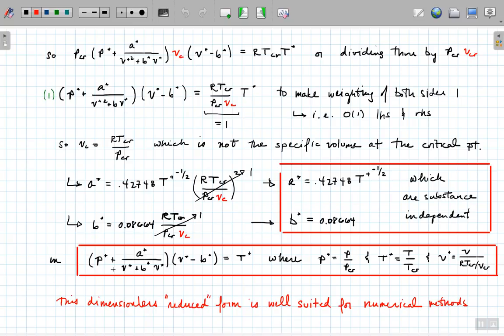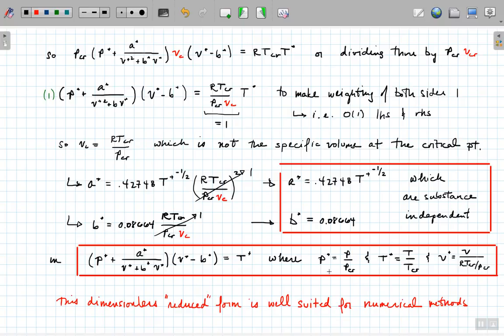Our expression in the end for the Redlich-Kwong equation, now that it's scaled, is very nice, where we've got our critical values scaling for pressure and temperature, and we've got correspondingly RT critical on P critical being the scaling for V. So let's fix that real quick, as we can see from right here.